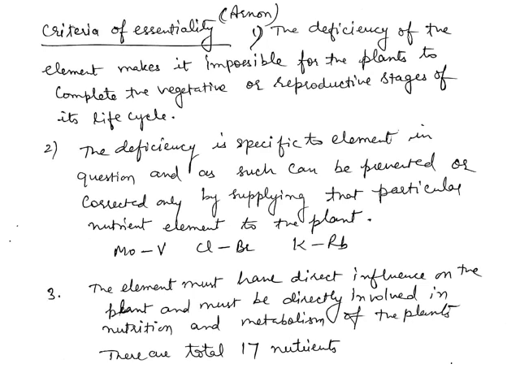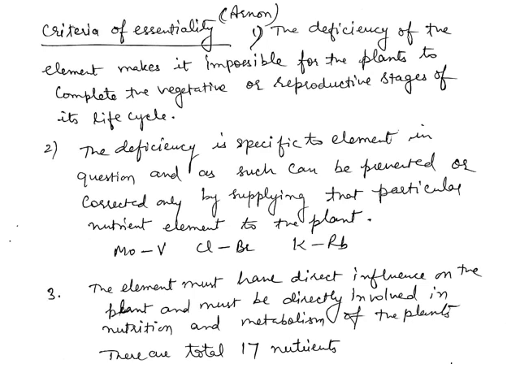The third point is that the element must have a direct influence on the plant and must be directly involved in the nutrition and metabolism of the plants. So essential elements directly influence and affect the metabolic reactions and the nutrition level in the plants.